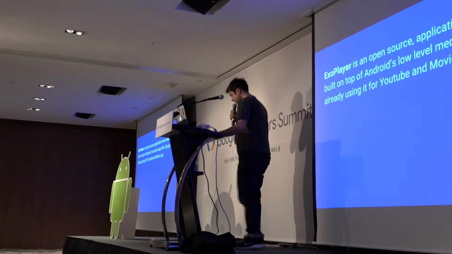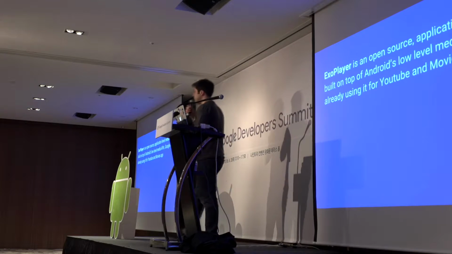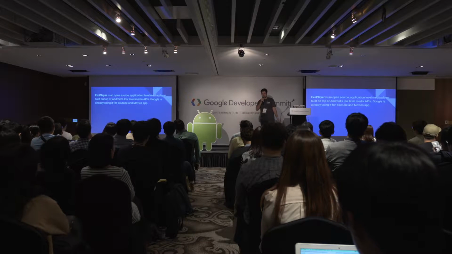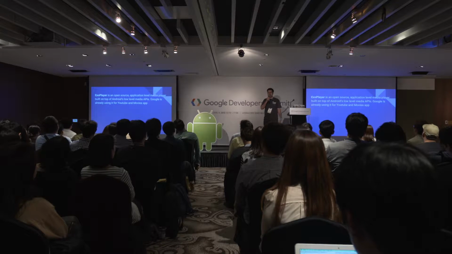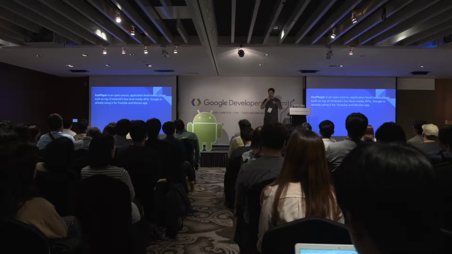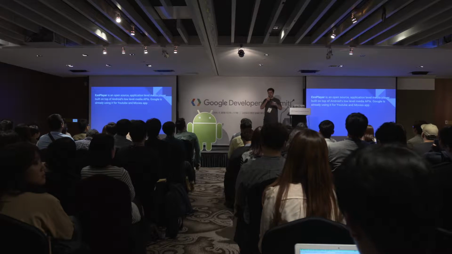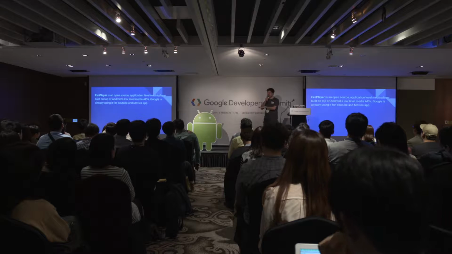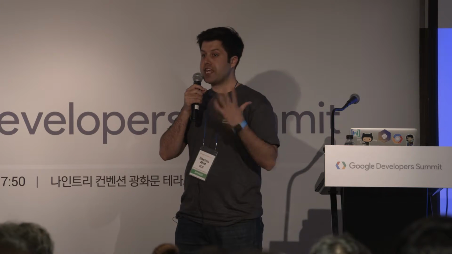ExoPlayer is an open source application level media player, because when we talk about the Android media framework, you go very low until media codecs and media extractor APIs. Those are very difficult for the application developer, because you need someone who knows codecs, who knows buffering, networking.